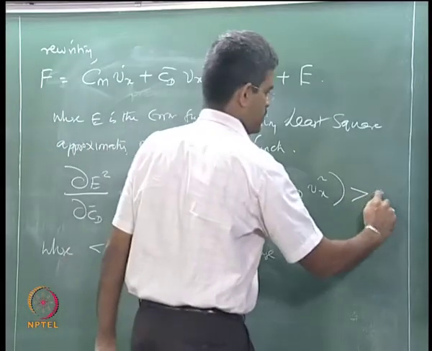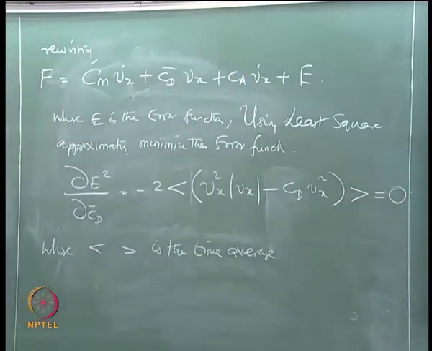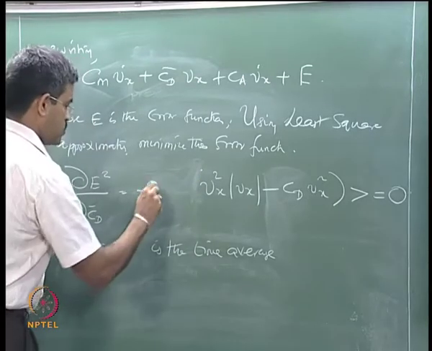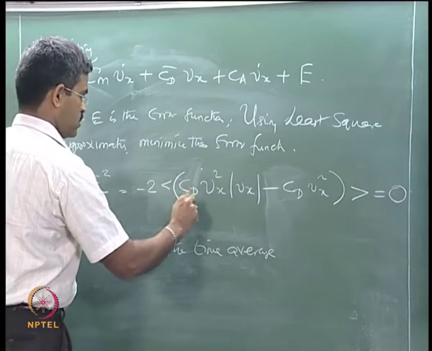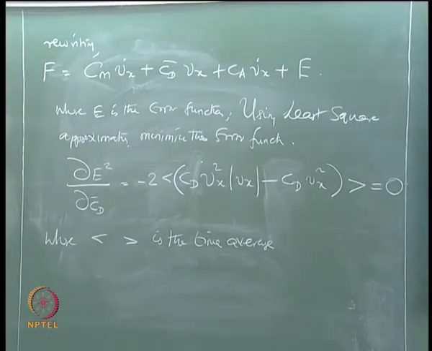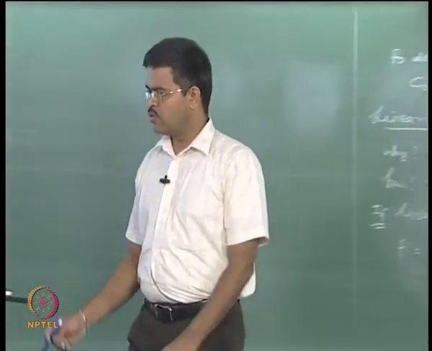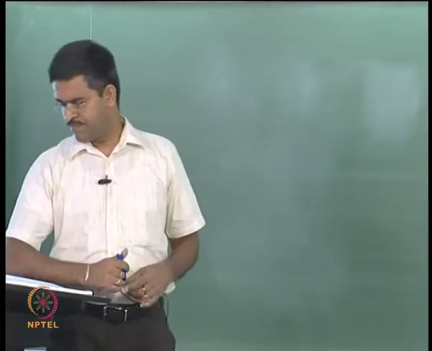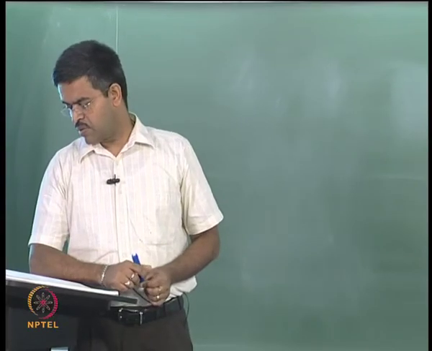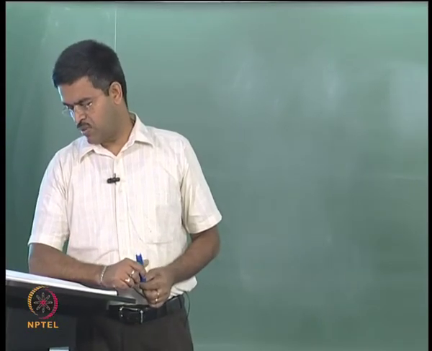I am minimizing it. So, there is a Cd here, there is a Cd here, I will rewrite it again, minus 2 Cd, there is a Cd here anyway. So, I am doing a least square approximation. So, Cd square Vx Vx minus Vx square within a time average set to 0.